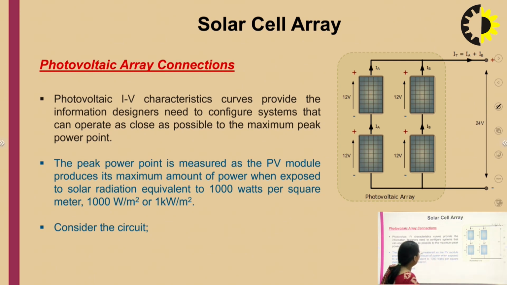They follow the photovoltaic IV characteristics, which provide the information the designer needs to configure the system so that it can operate as close as possible to the maximum peak power point. You can see here 4 solar panels connected.